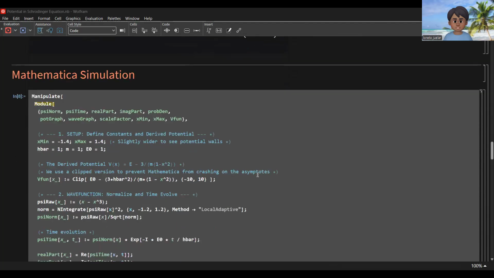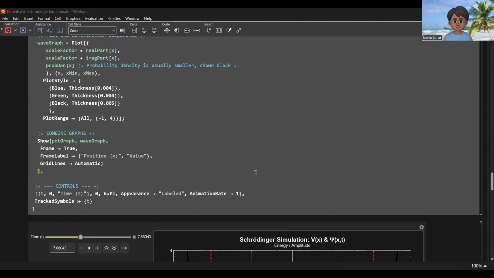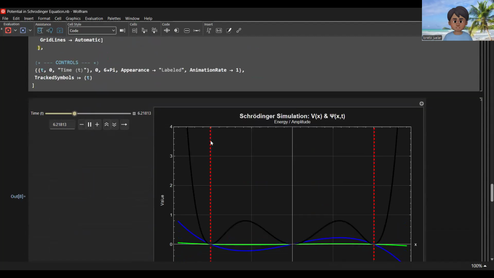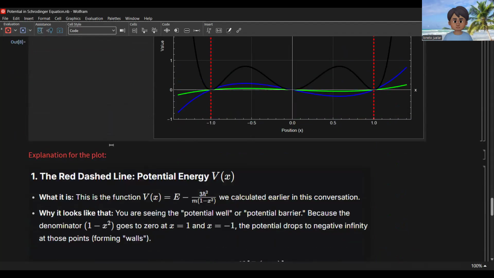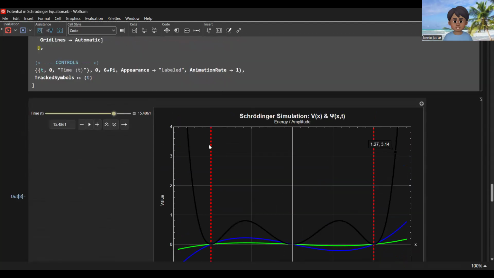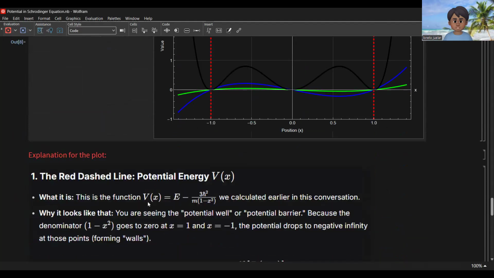Then we have the mathematical simulation here. For example, we have the potential, the red dash line. Okay, so what is the explanation for this plot? The red dash line here is the potential energy, the function V of x equal to E minus 3 h bar squared over m times 1 minus x squared.